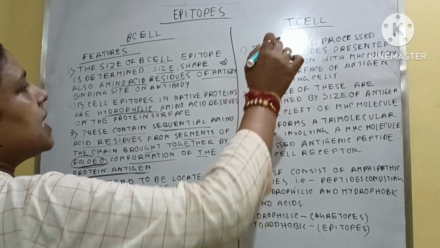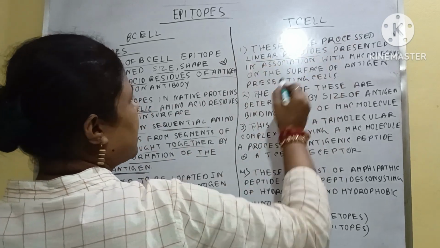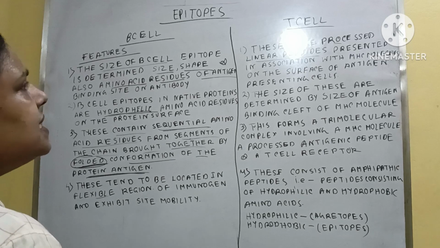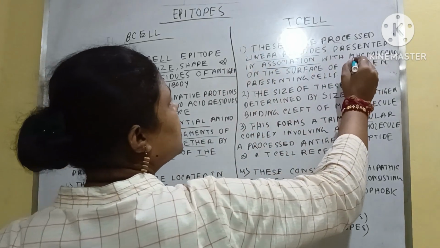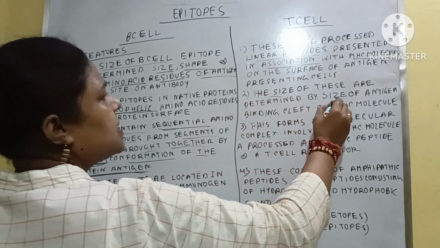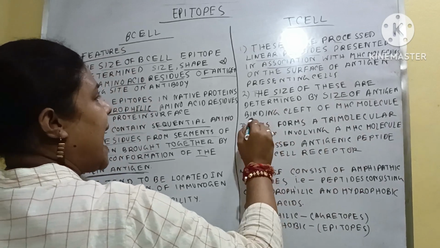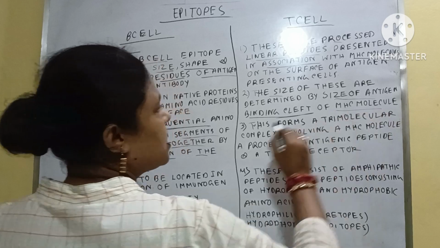In the case of T cells, these are processed linear peptides, and they remain associated with the MHC molecule. Second, the size is determined by the antigen binding cleft of the MHC molecule.